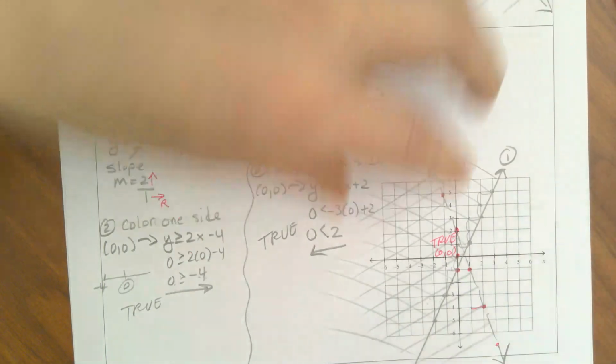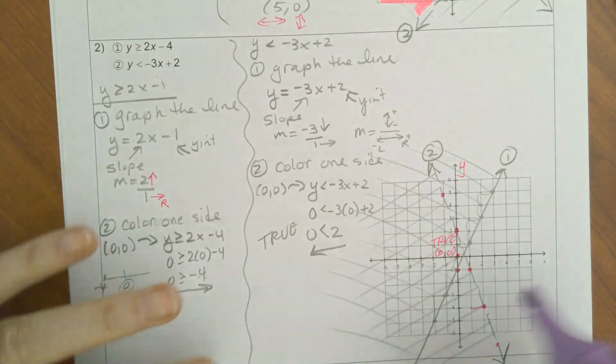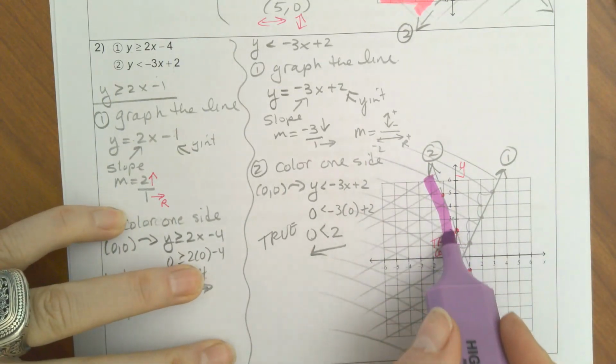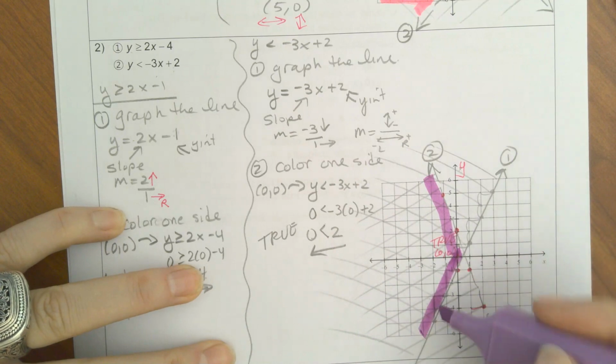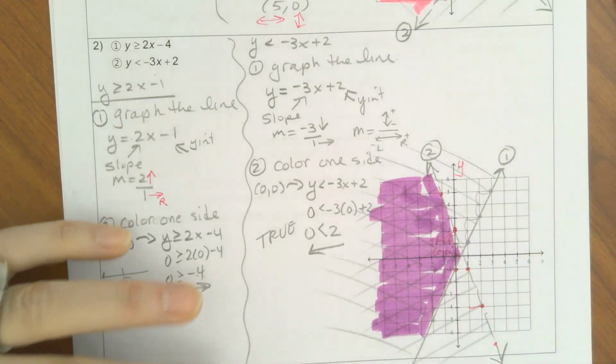Okay, so now the next step is to ask, what area has been shaded twice? That's been shaded twice. So here is my solution set.